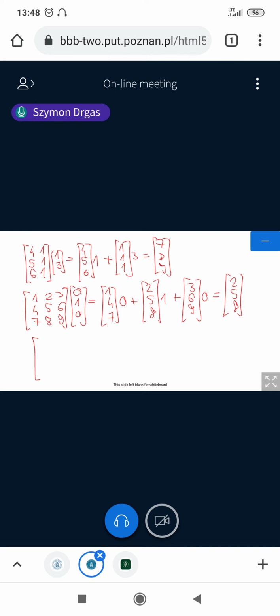And the last example in this second task is 4, 6, 8, multiplied by 3, 6, 9. And we have two components, 1 over 2 and 1 over 3.